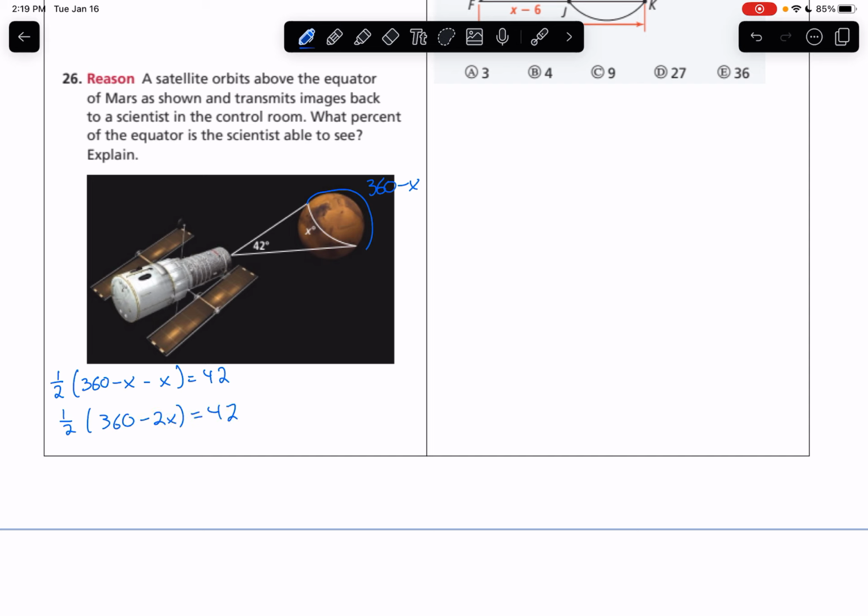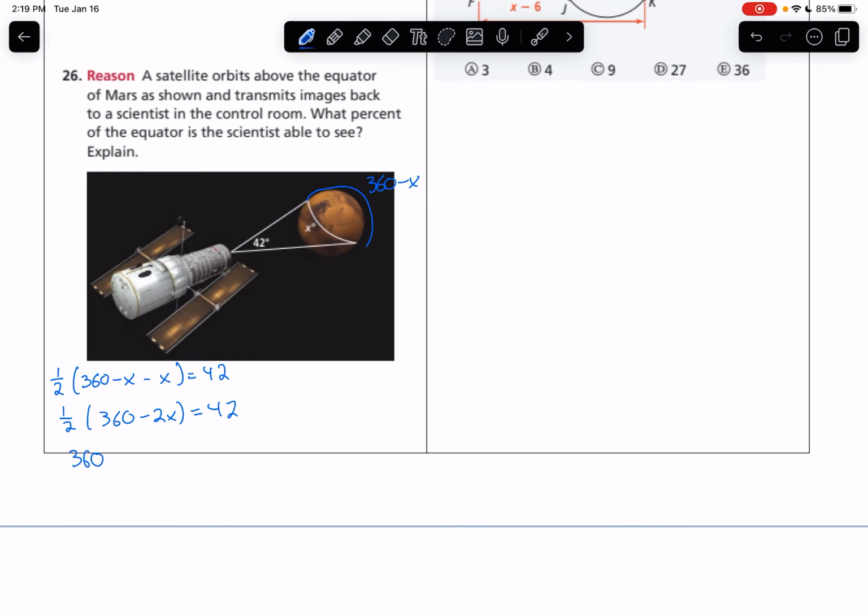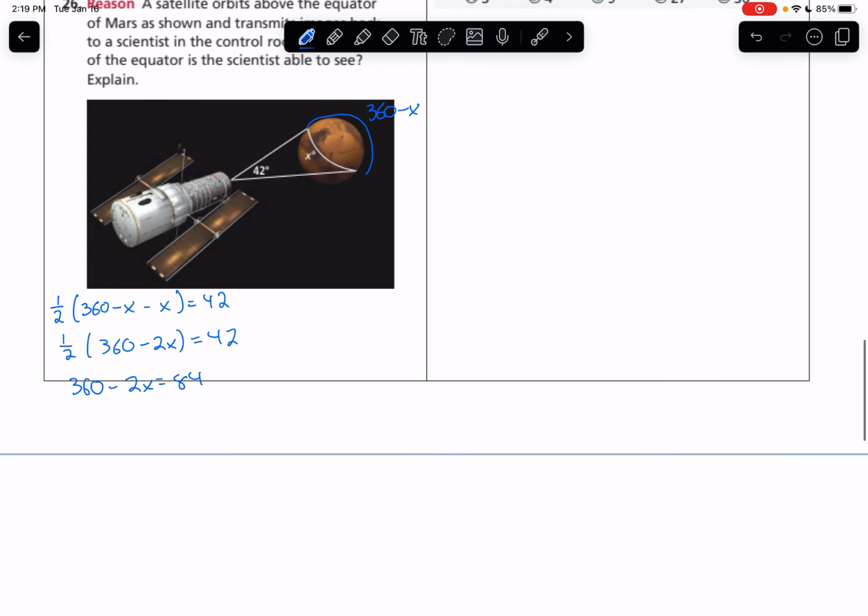We can go ahead and multiply both sides by 2. 360 minus 2x equals 84. And then subtract 360. Negative 2x equals negative 276. Divide that by negative 2, so we get x equals 138.